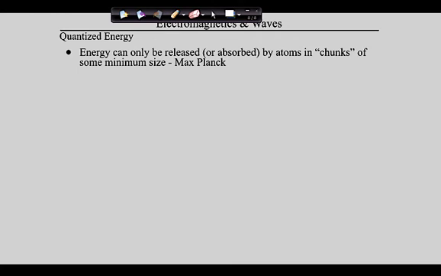And Planck was the first to interpret that and say that the energy that's released by these atoms is not universal. It always comes back to some minimum amount, and that minimum amount is not the same for every atom, but it doesn't change for that atom. And so he coined this term called a quantum of energy. This is where we later got quantum physics.